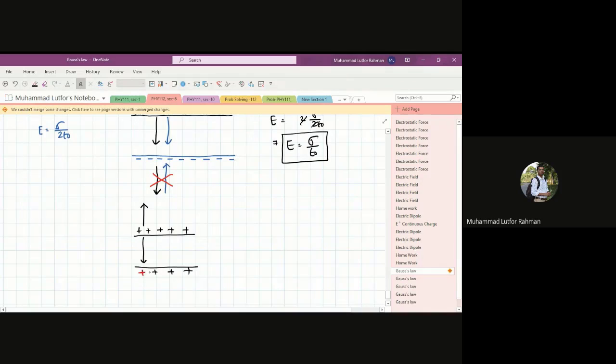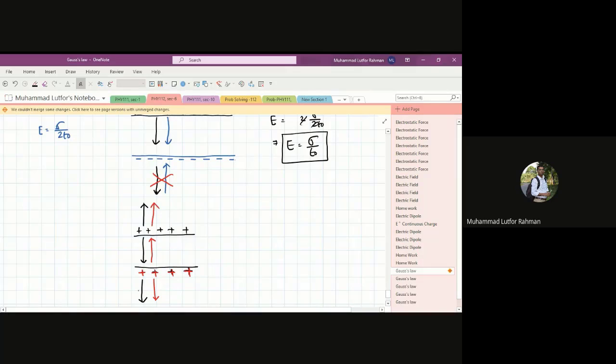Exactly, right? If it's the positive one, then for that one it should be positive, away from that. This one would be positive away from that. This one would also be positive away from that. And I have to also draw one more line for this black one. This would also be away from that.